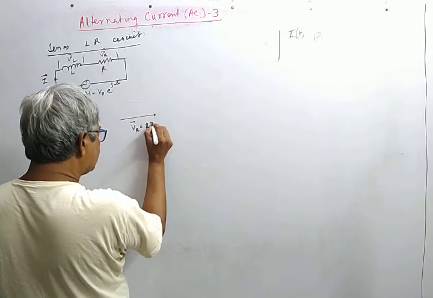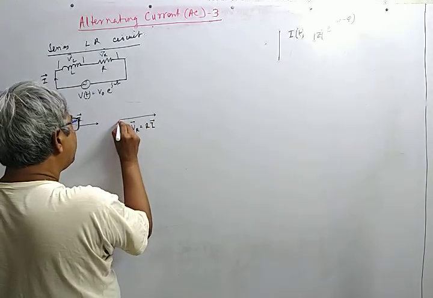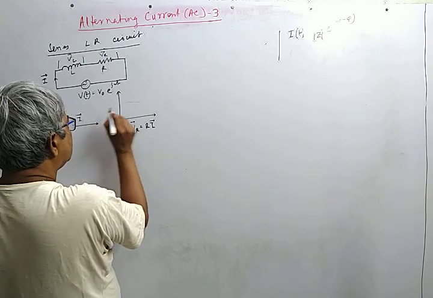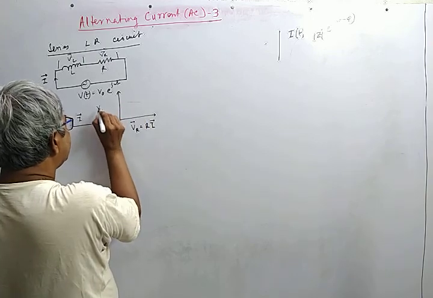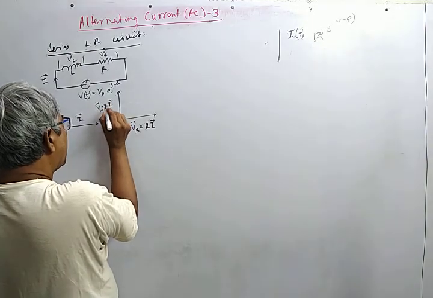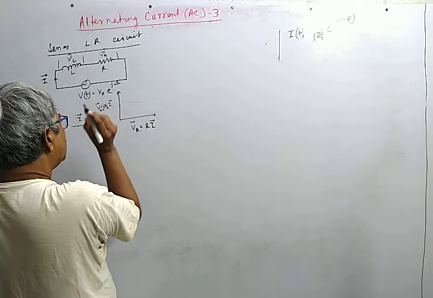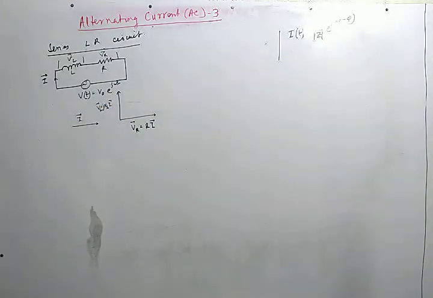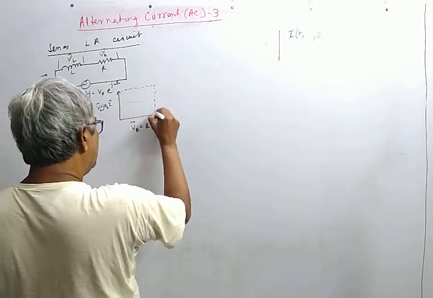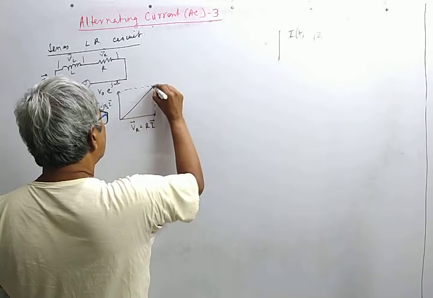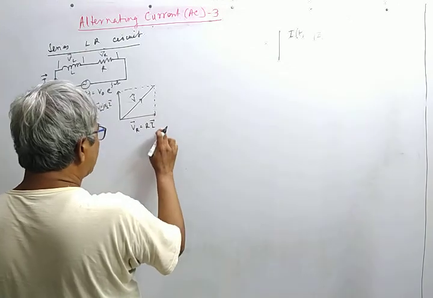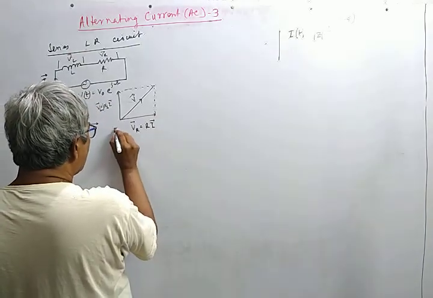This is R times I, and the VL phasor is this, VL is equal to XL I, and here we have jXL I. So if we add these two vectorially, we get the applied voltage phasor this, and note that this is also the I phasor.